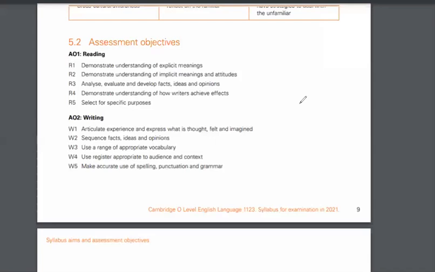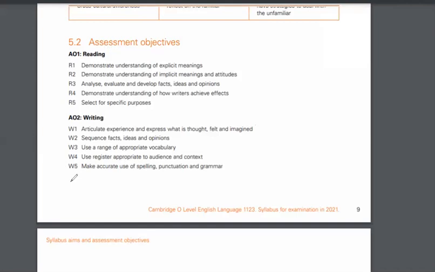Now, one last thing: assessment objectives. Assessment objective 1 is based on your reading paper. I'll share the link with you, and these are going to be the basic objectives that the teacher or the examiner looks for once you are attempting your exam.